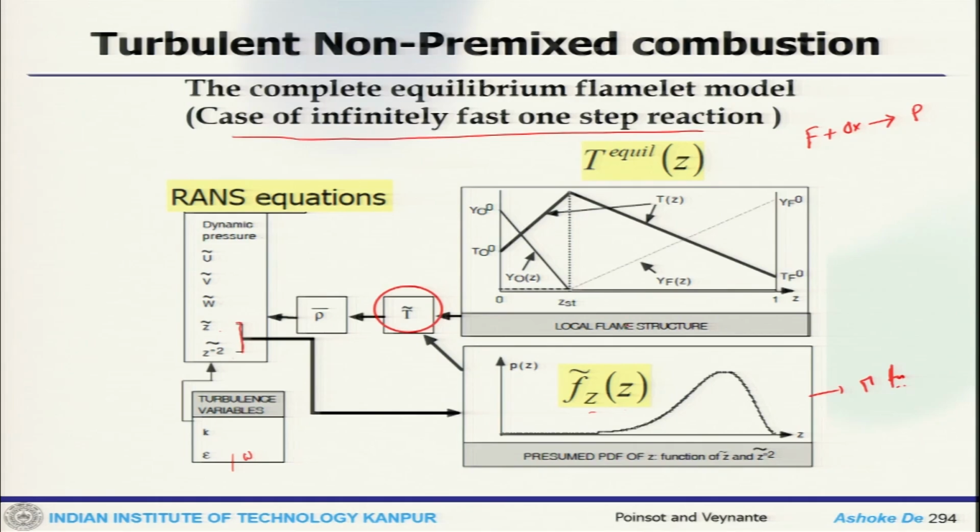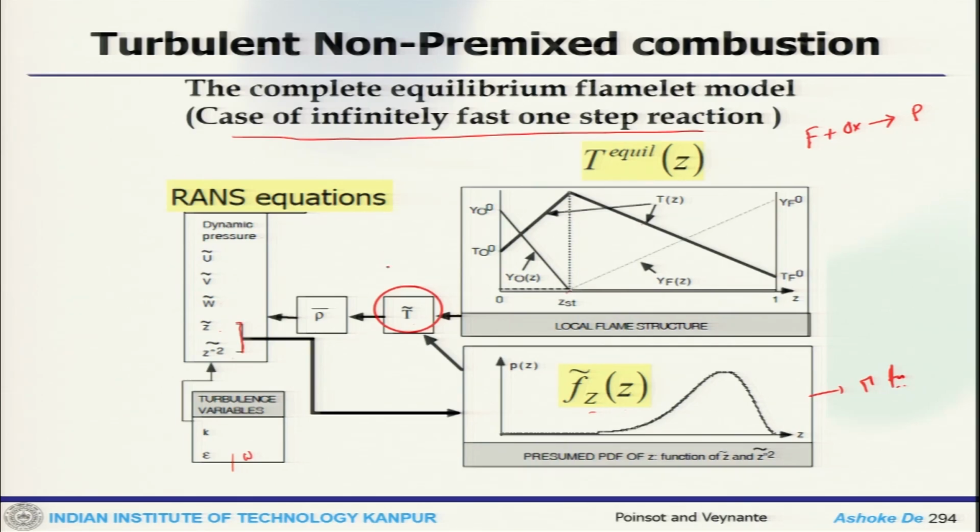Now, from our equilibrium calculations, we have a local flame structure where oxidizer becomes 0 at Z stoichiometric, and fuel becomes 0, because this will vary from 1 to 0, and oxidizer will vary. So, this is a profile of oxidizer, this is a profile of fuel, and this is a profile of temperature, which are strict functions of Z. Now, we use this information of local flame structure and probability density function, and we get the mean temperature.